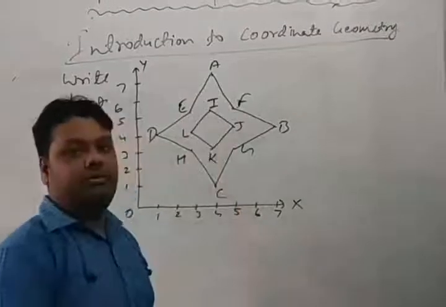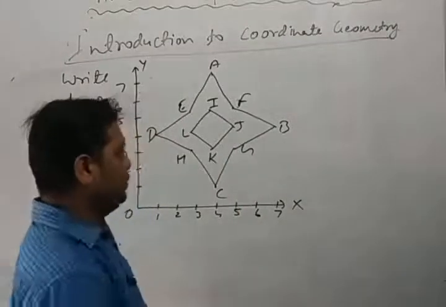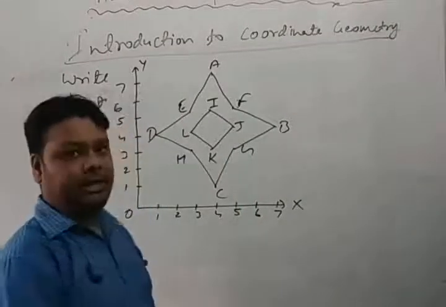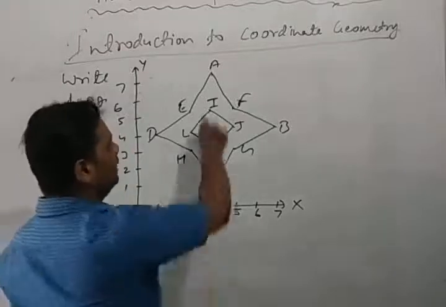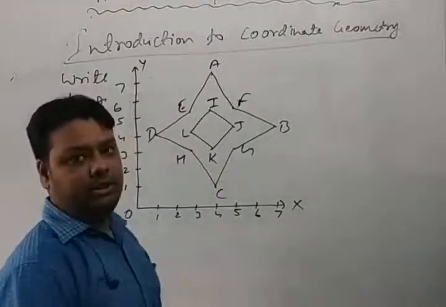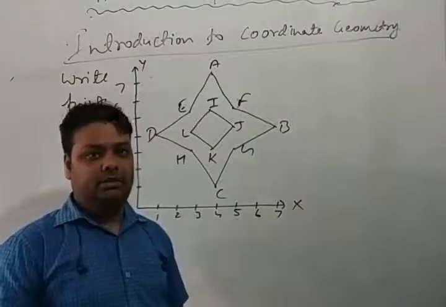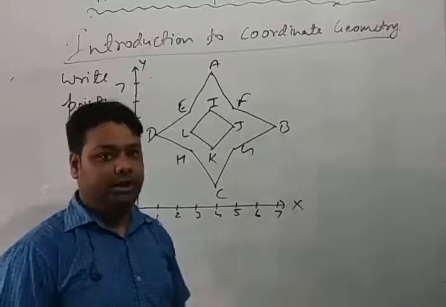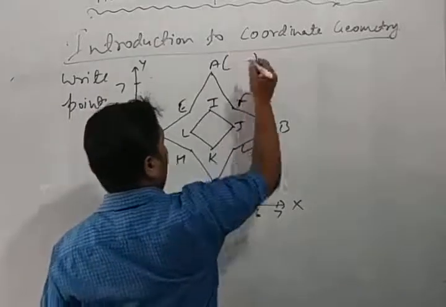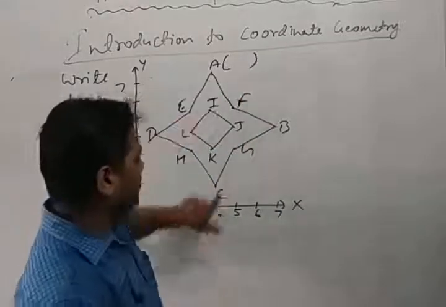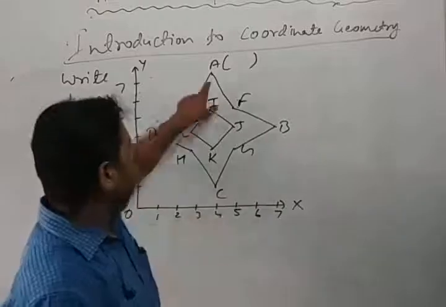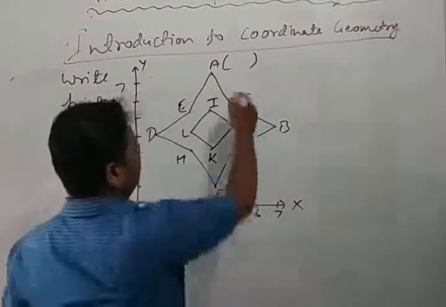Now, how can we find the coordinates of these points? At first, let us start with A. If you are looking at A, we have to write the value of the abscissa first, and then the value of the ordinate. So at A, for the abscissa value we see the x-axis. The x-axis is 4, so we will write 4.